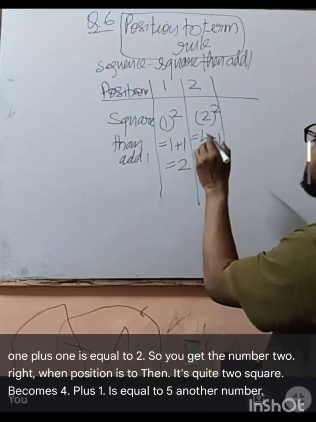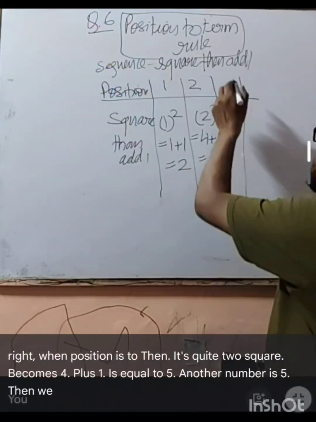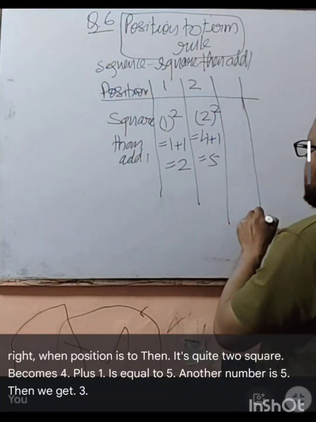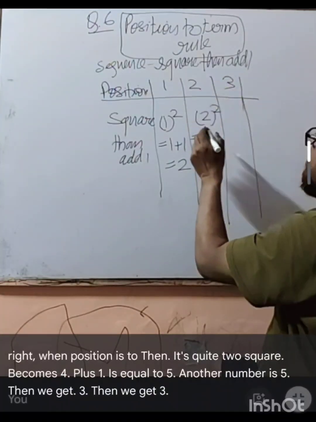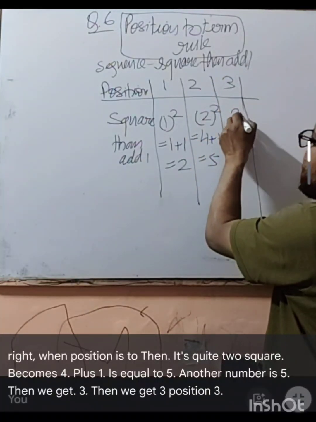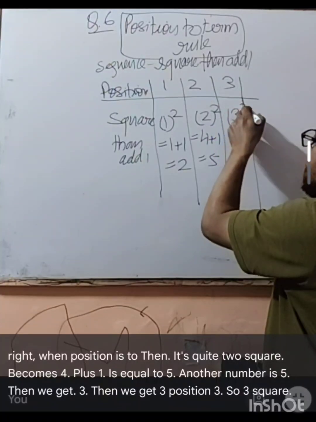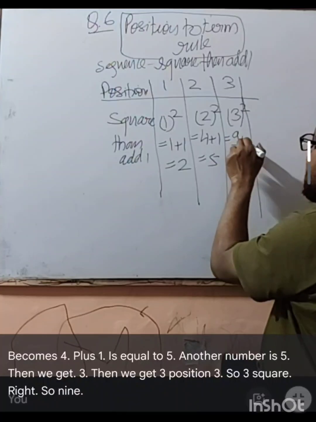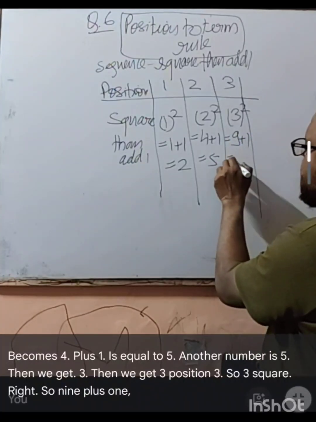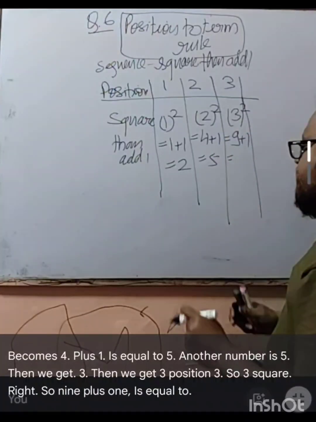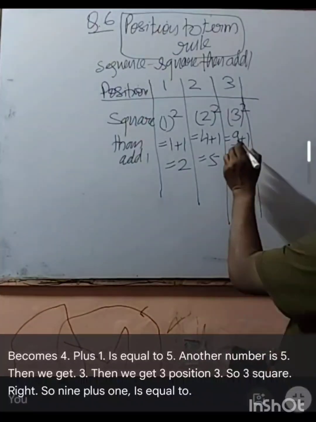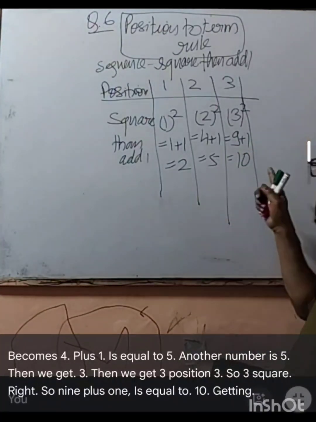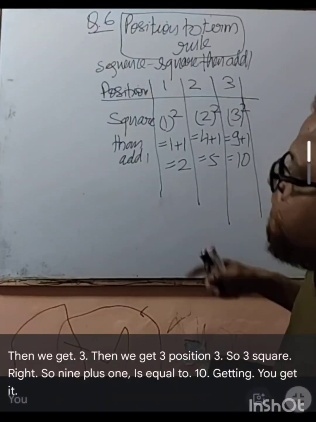Then we get position 3. So 3 square, so 9 plus 1 is equal to 10. You get it?